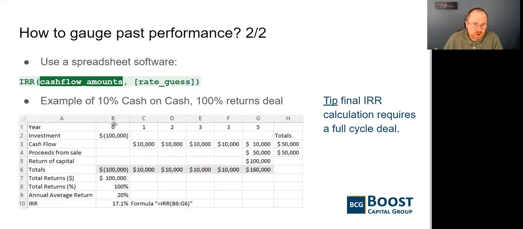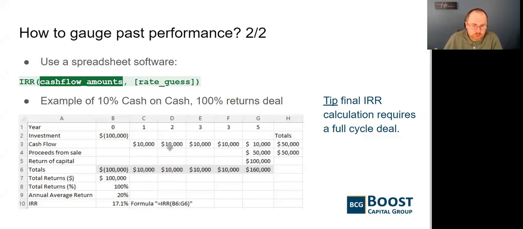So you can see initially, at year zero, you invest $100,000, for instance, and get $10,000 of cash flow every year. The proceeds from the sale will be $50,000. So now you are at $50,000 plus $50,000 in total returns, or double your investment.